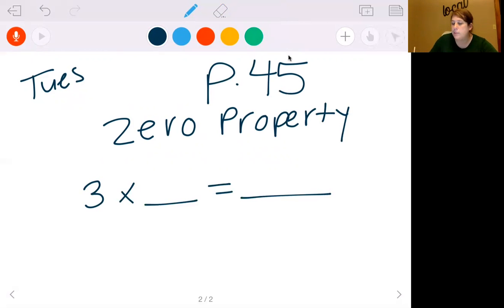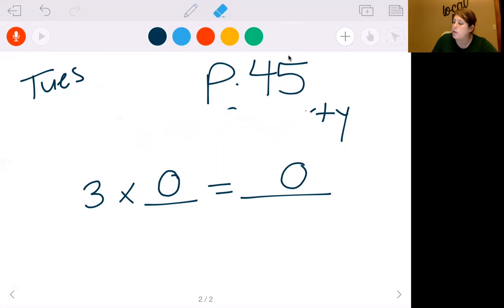We need to make these blanks true to 0 property. I know 0 property is going to have an answer of 0, and I know that I have to multiply 3 times 0 to get 0. So this is kind of like what you're doing today. These are the easy ones. Let me show you one that's going to be a little more difficult for you.